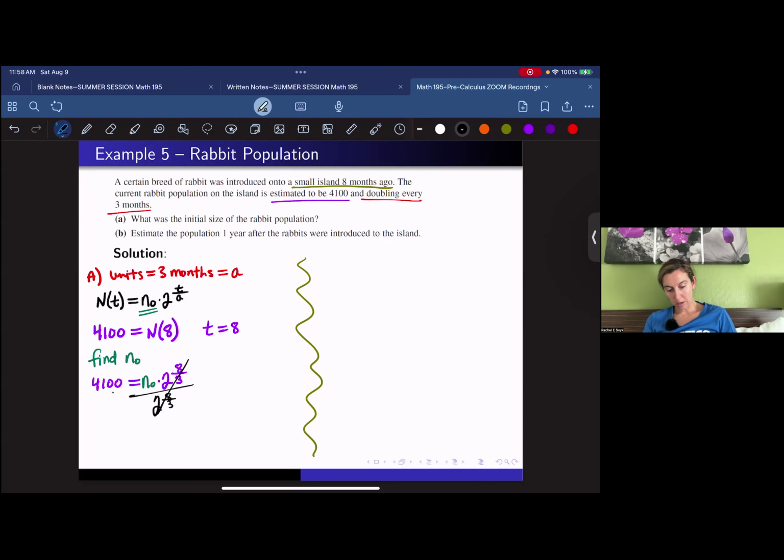So I'm just going to keep it as 2 raised to the 8 over 3, which tells us that our n sub 0 is just 4,100 divided by 2 to the 8/3, which if we used our handy dandy calculator, we end up getting 645.71.